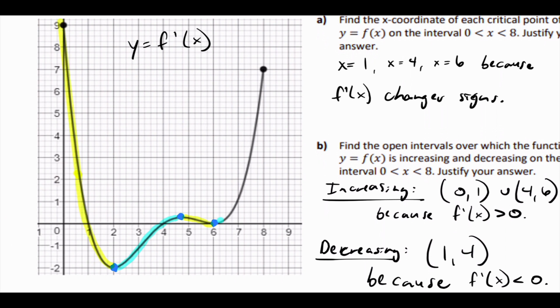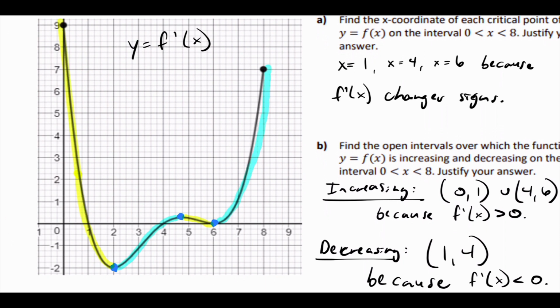And then it ends positive, increasing, right? So we said when the slope of this graph is positive, in other words, increasing, concave up. When the slope of this graph is negative, in other words, decreasing, concave down. Okay? So it looks like the yellows are concave down and the blues are concave up.